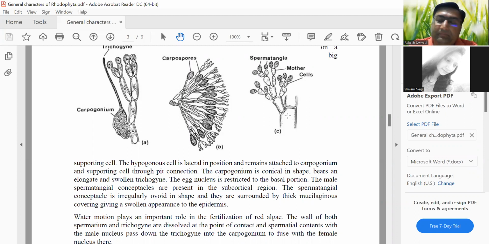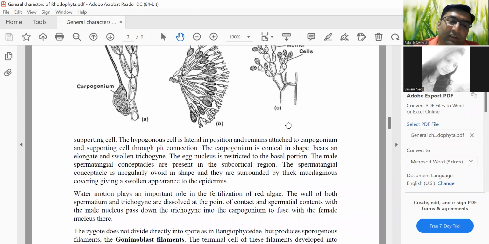The water motion plays an important role in fertilization of the red algae. So the fertilization takes place with the flow of water or motion of the water or the water current. Yes, sir. The walls of both the spermatium and trichogyne are dissolved at the point of contact when, along with the current of water motion, a spermatium comes in contact with the trichogyne.